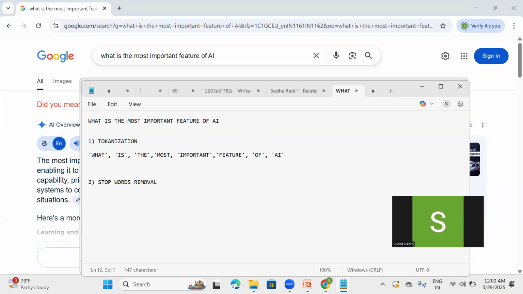So what are the stop words in the sentence? The second step we are doing is stop word removal. The stop words we identify here in the sentence are is, the, of. These are the stop words.